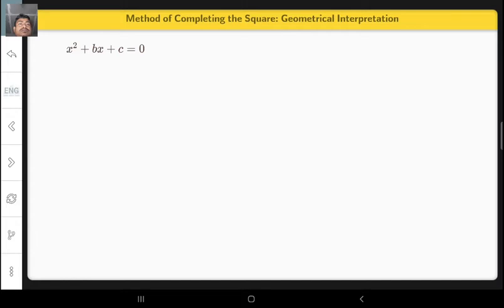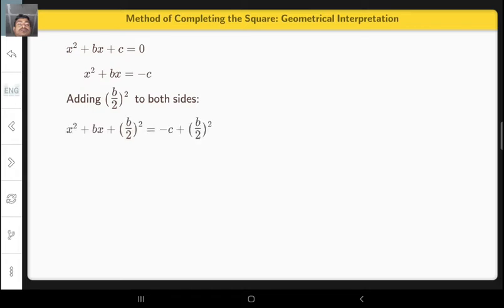Now, again consider the equation x squared plus bx plus c is equal to 0. On taking the constant to the other side, we get x squared plus bx is equal to negative c. Next, add (b by 2) whole squared to both sides. x squared plus bx plus (b by 2) whole squared is equal to negative c plus (b by 2) whole squared.